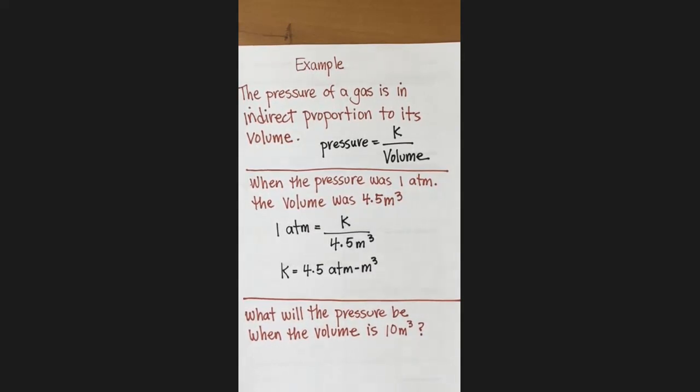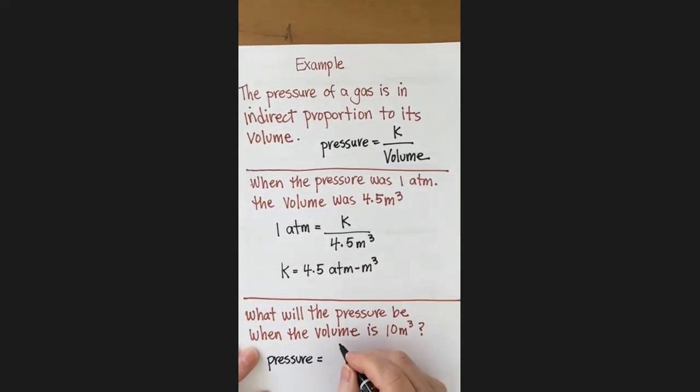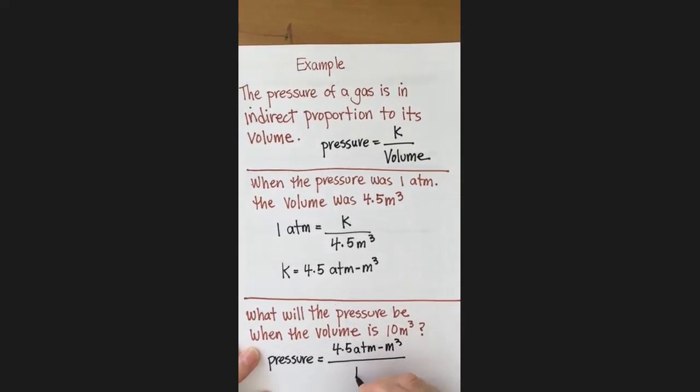Finally, do the algebra. What will the pressure be when the volume is 10 cubic meters? So we're looking for pressure here, and we know that K is 4.5 atmosphere meters cubed, and we're going to be dividing by a volume of 10 meters cubed.